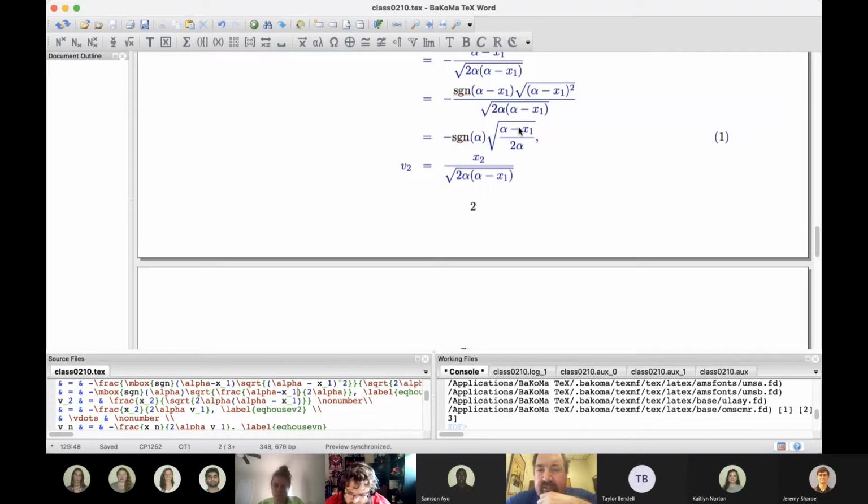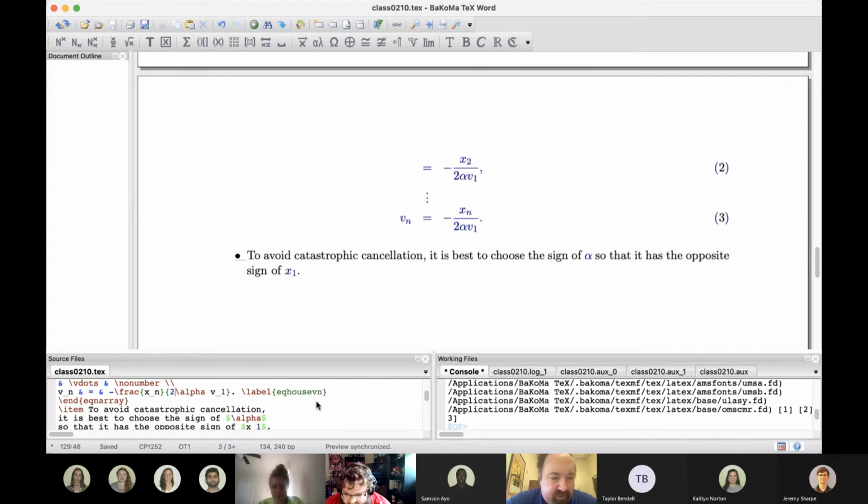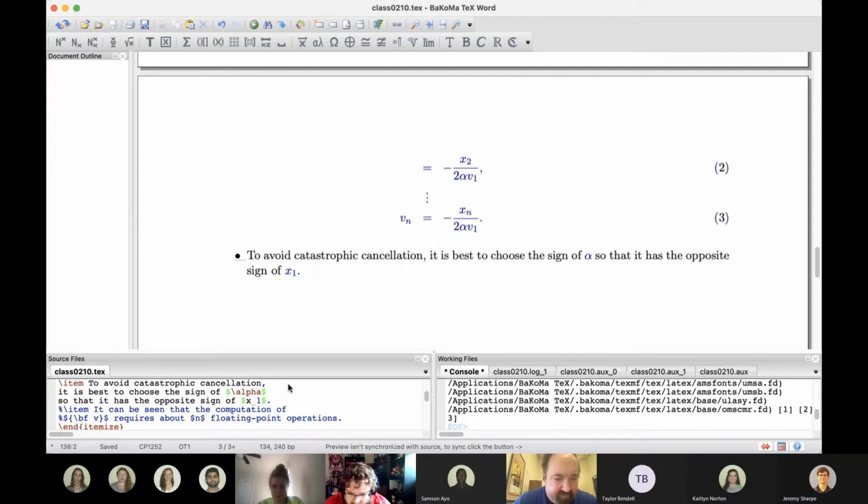Similarly, if x1 is negative, so this becomes a plus, then we choose a plus sign for alpha. Either way, you're choosing the sign of alpha to be the opposite sign of x1. That's a safer floating point operation, because subtraction can be risky if you have cancellation of digits.